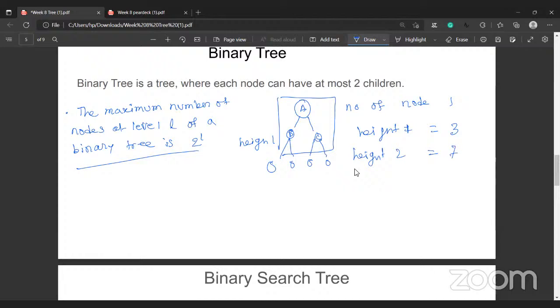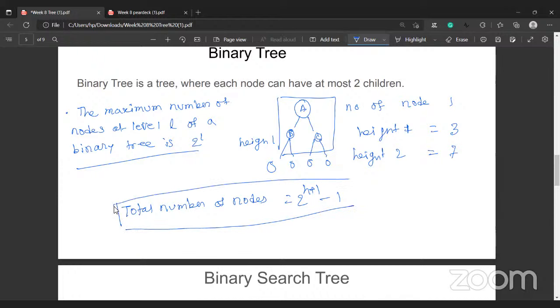So the maximum possible total number of nodes is 2 to the power h plus 1, minus 1. Everyone got this formula? Yes, sir.